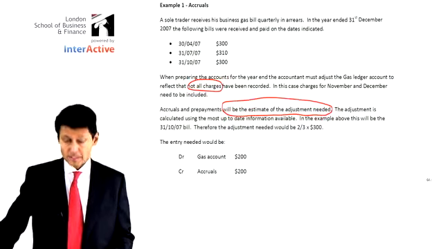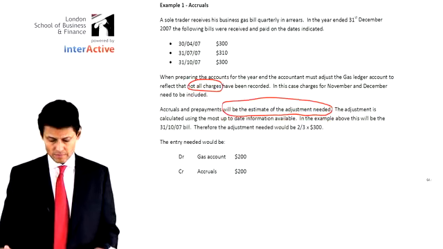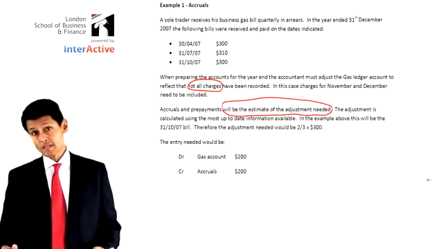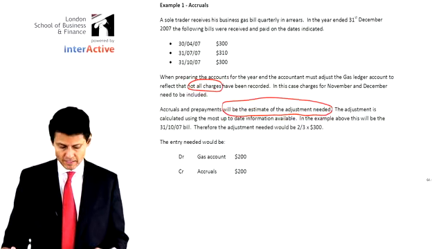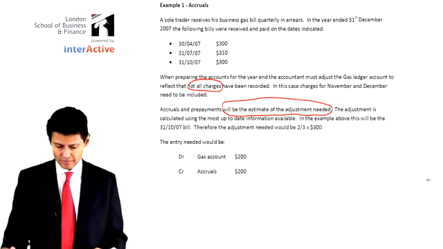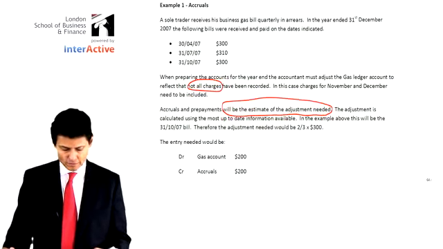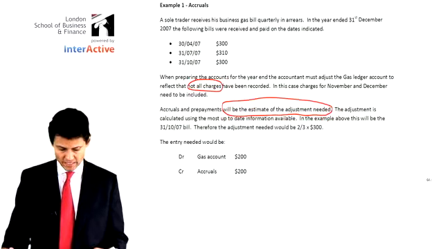So a sole trader is a person operating just by himself, receives his business gas bill quarterly at the end of each quarter. So he's received something on the 30th of April, and it's paid on those dates immediately.